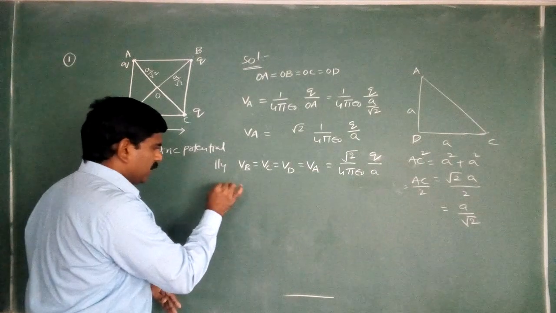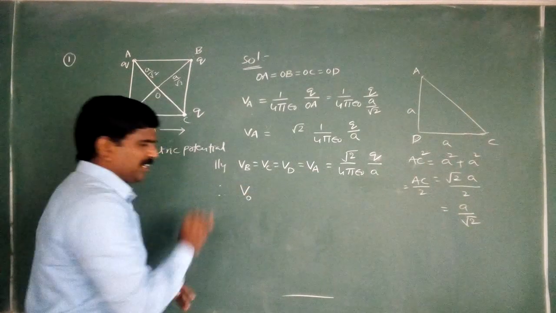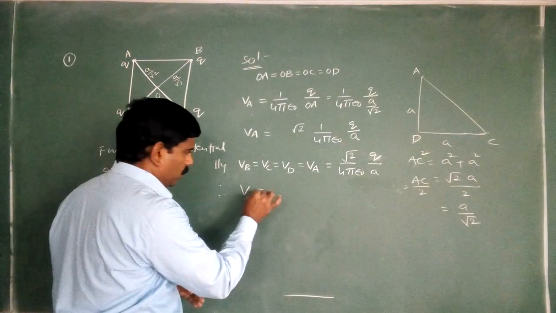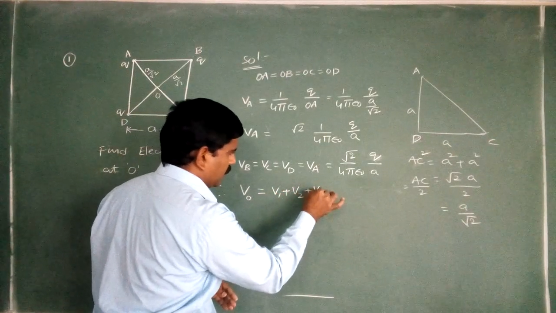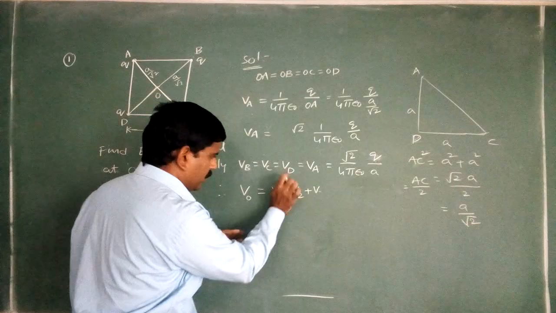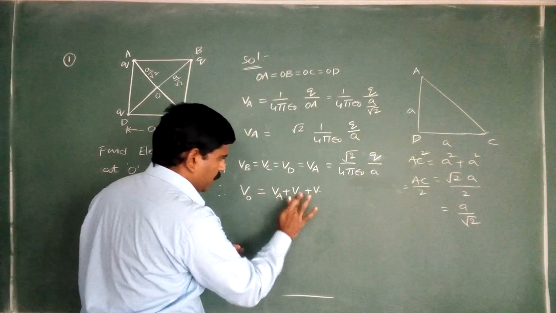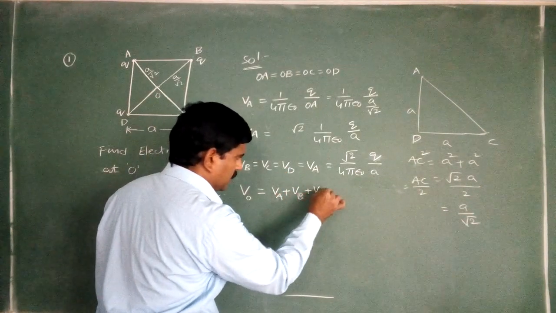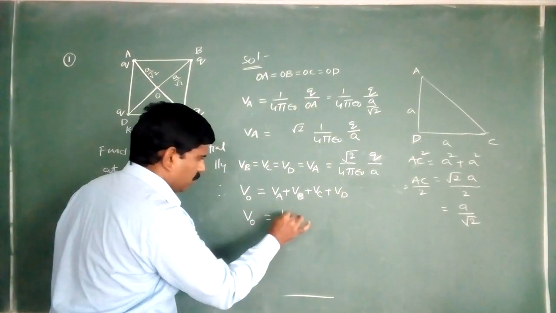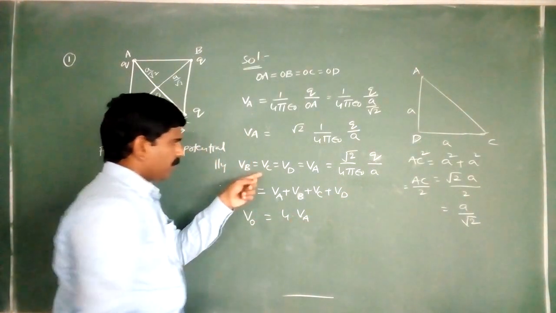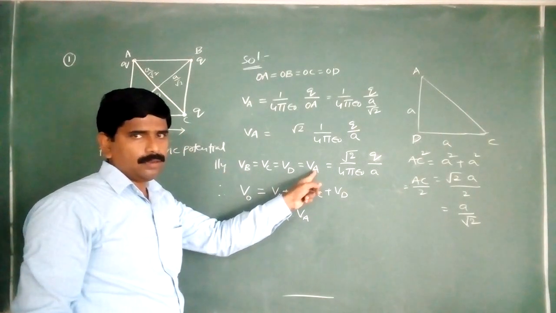Therefore V net, the total potential at point O, is equal to VA plus VB plus VC plus VD. That is VO equal to 4 into VA, because all are equal.